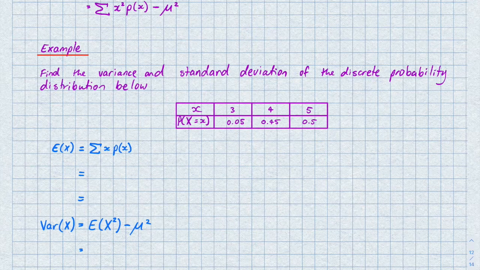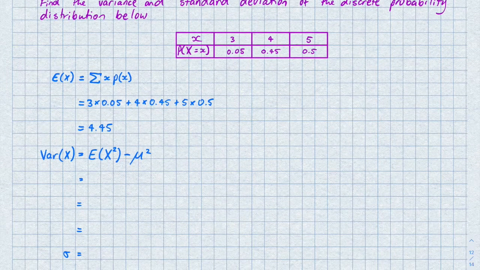So you'd expect the mean to be further towards the right where the probability is heavier. Let's have a look and see what we get. Step 1, find the mean. Each score multiplied by its probability added together, and that equals 4.45.